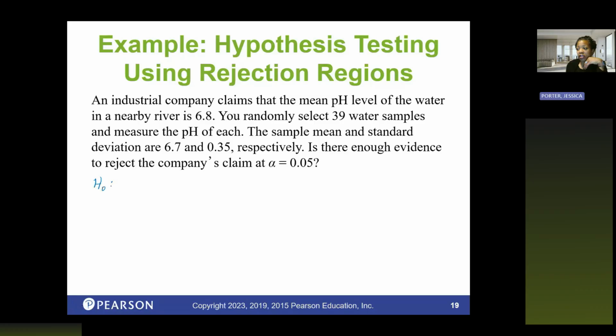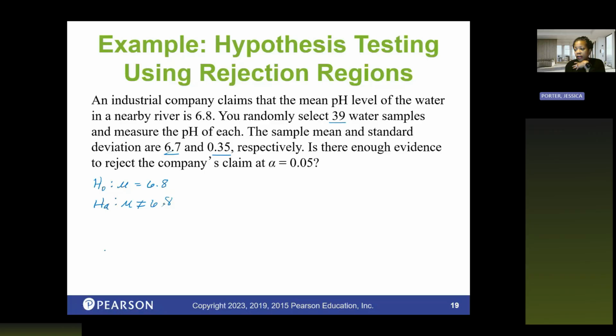It is a two-tailed test. So the null hypothesis is mu equals 6.8, and the alternative hypothesis is mu not equal to 6.8. We have our X bar, our sample standard deviation, and our sample size of 39.